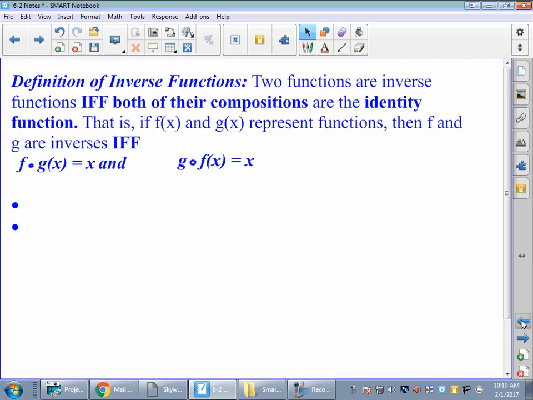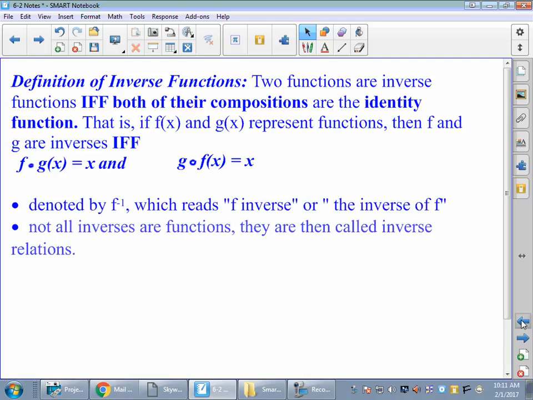If you find the composition f of g, and then you find the composition of g of f, and they both equal x, then they are inverses of each other. So it's sort of what we did in 6.1b. We plug a function within the other function. We simplify. If it simplifies to just a positive x value, no numbers, and both of them do it, then they're inverses of each other.